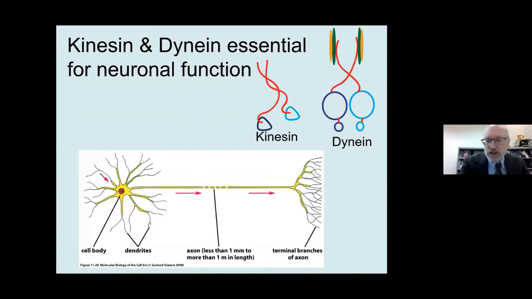As we think about motors and how they work, there are some obvious places where kinesin and dynein are critical. If you think about long distance transport in neurons, for instance, where the cell body can be up to a meter away from the terminal in a giraffe, or even in your leg, you have some neurons that activate your toes and the cell bodies are in your hip.